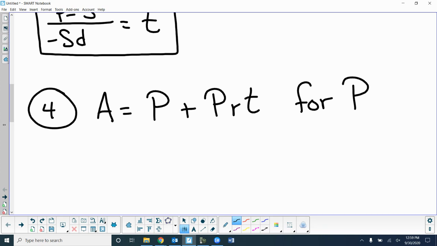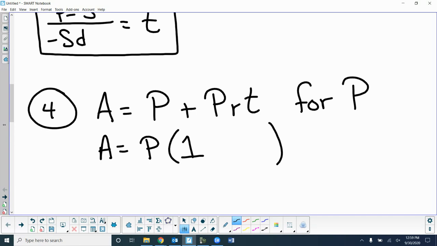GCF factoring, right? You got to factor out the P. Think of P as the GCF. So it's going to be A equals P times the quantity. So there's two terms in here then. Well, what's P divided by P? 1.